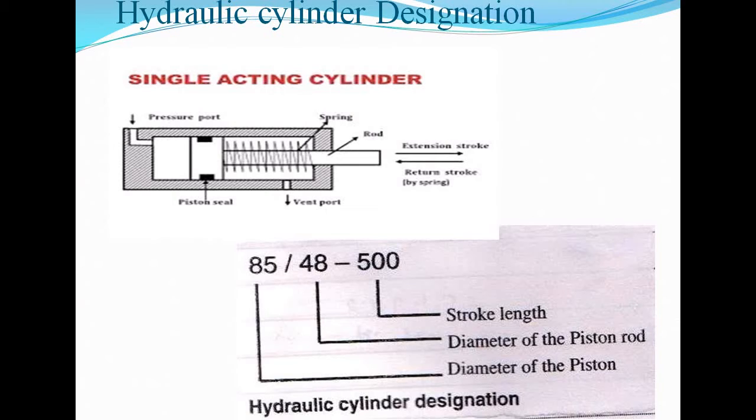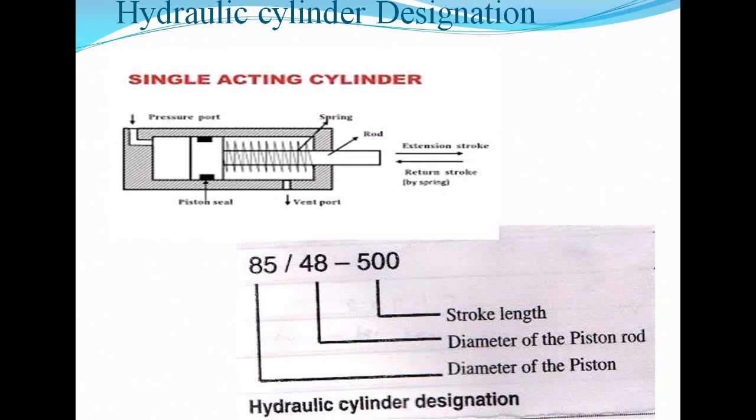Now the next thing is the designation of hydraulic cylinder. You can see here 85 by 48, then 500. That means 500 is the stroke length of this piston. 85 is the diameter of the piston.